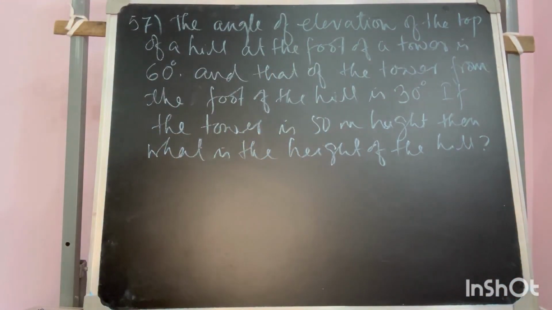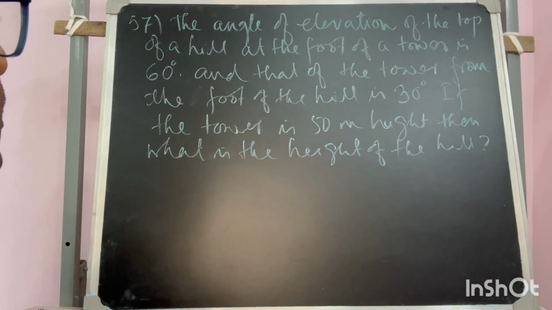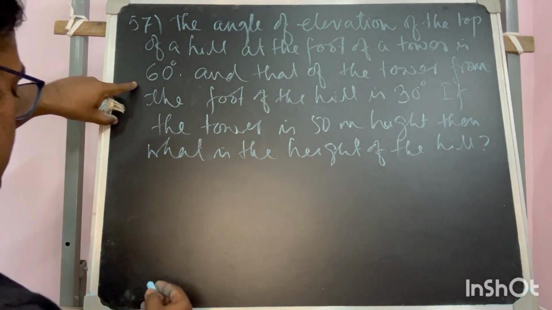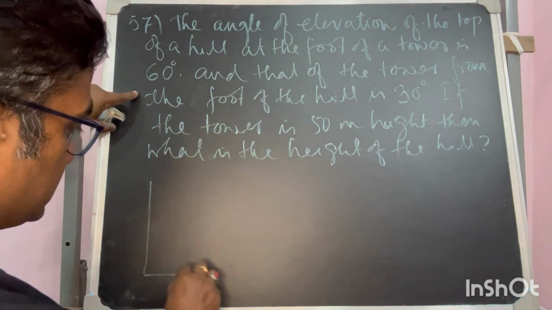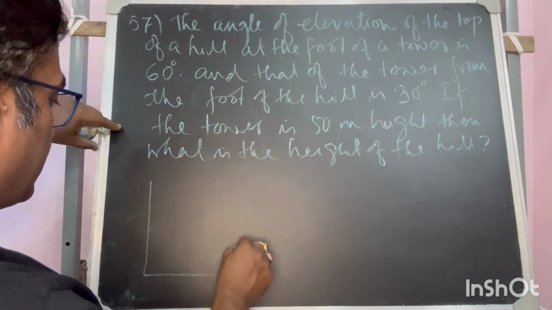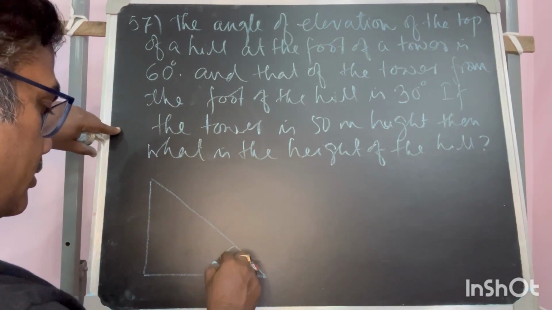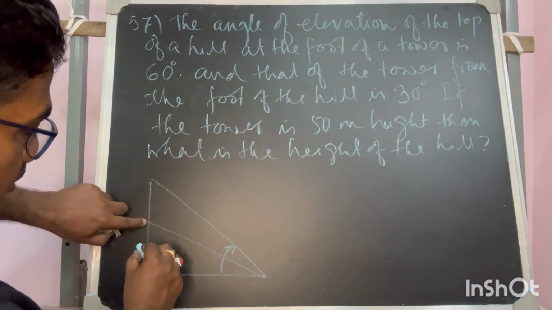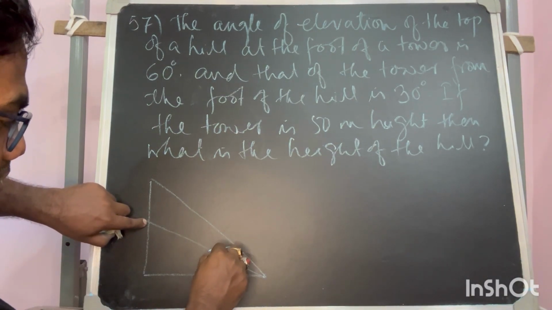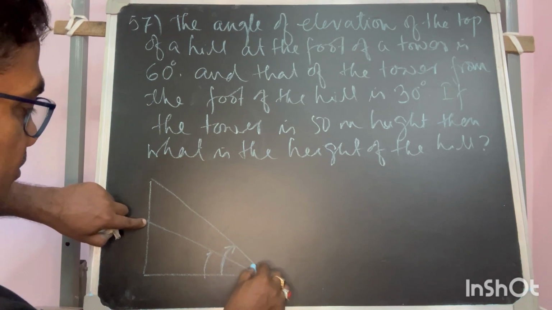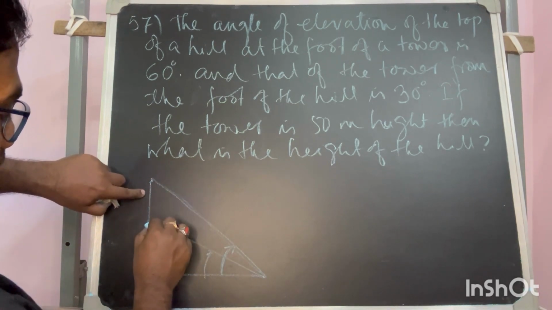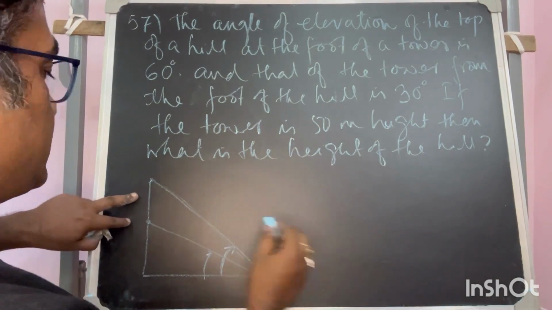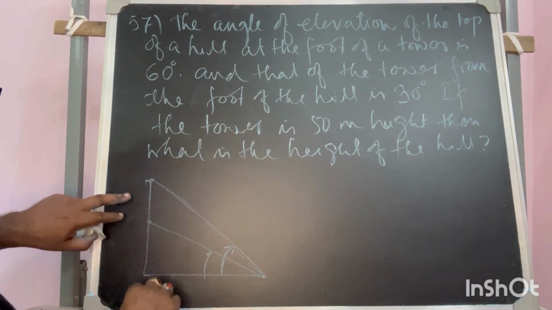Okay, now from the information of this question, one thing is that when it's a general information, when I look at something from a point and my angle of elevation increases, I can see some higher point than this. So this is obvious, when the angle of elevation increases, I can see at higher height.